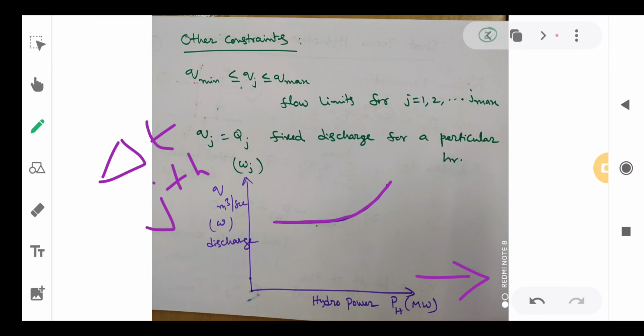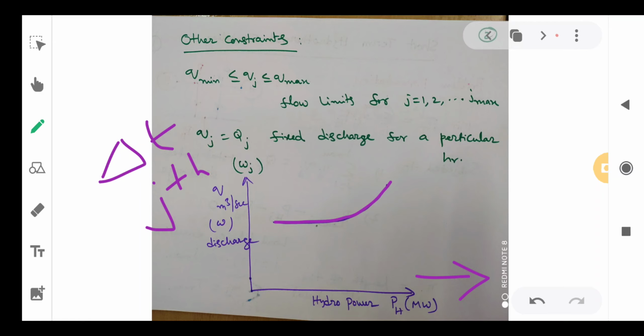Subjected to constraint, Q minimum is the minimum required discharge, Q maximum is the maximum possible discharge in the hydropower plant. Therefore Qj should be in between these two limits. So Qj is equal to capital Qj, the fixed discharge for a particular hour, the jth hour.